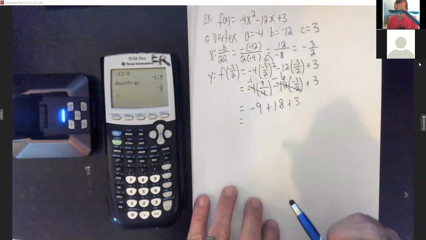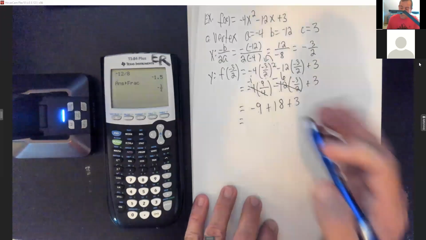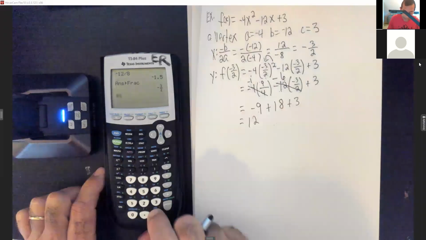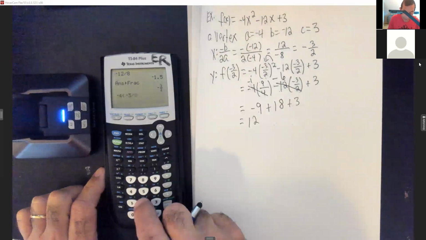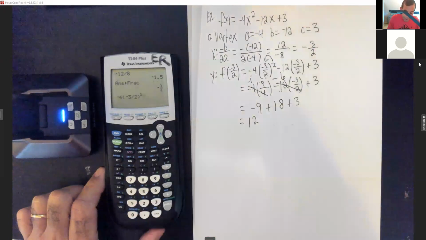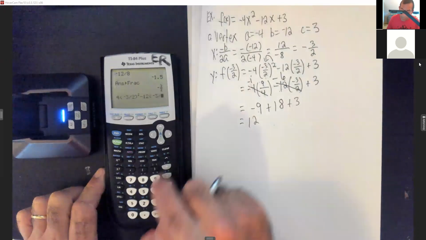All right, let's see what we get. -9 and 18 is 9. 9 plus 3 is 12. But y'all watch this. -4 parentheses, -3 divided by 2, close parentheses, square it. Minus 12 times parentheses, -3 divided by 2.